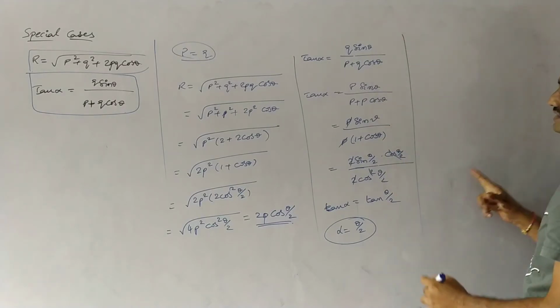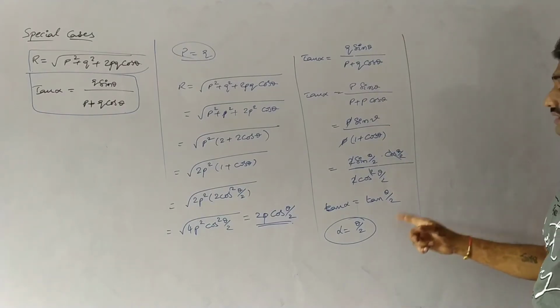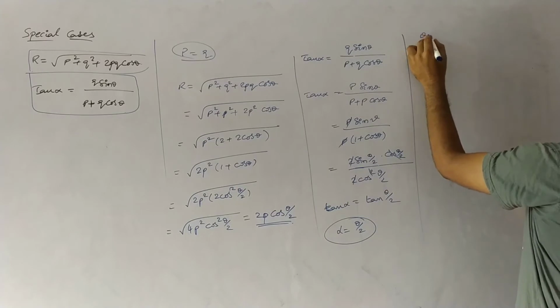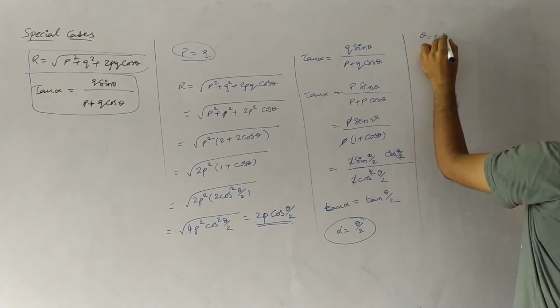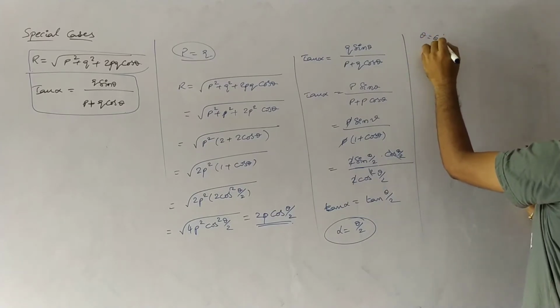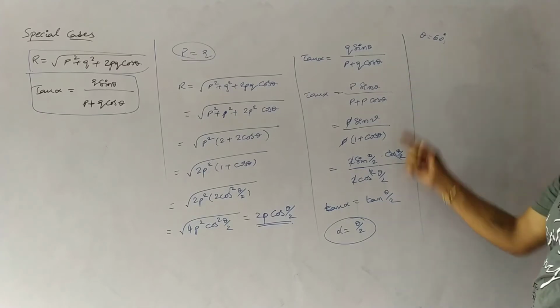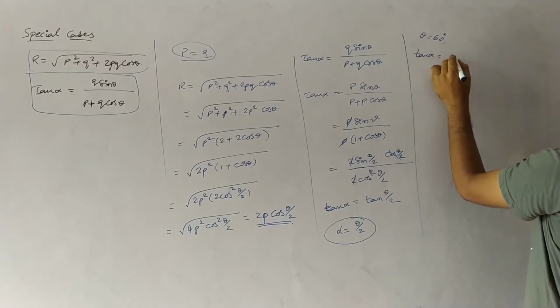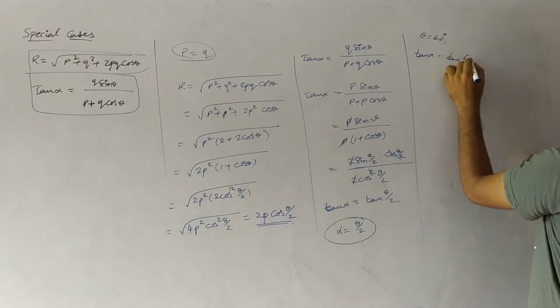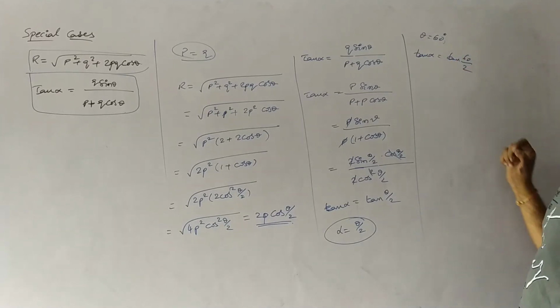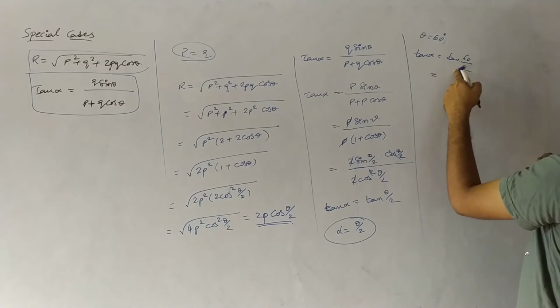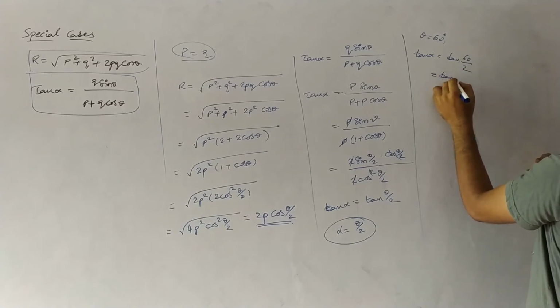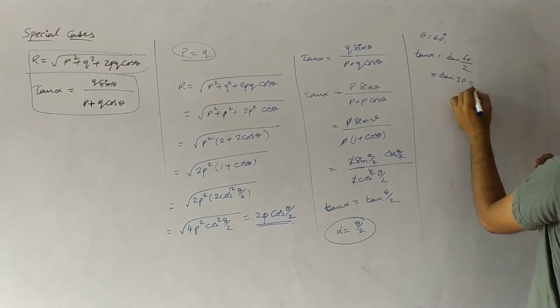Suppose we consider the angle between the two vectors theta equals 60. Then we have tan alpha equals tan 60 by 2, which is nothing but tan 30. We know that the value of tan 30 is 1 by root 3.